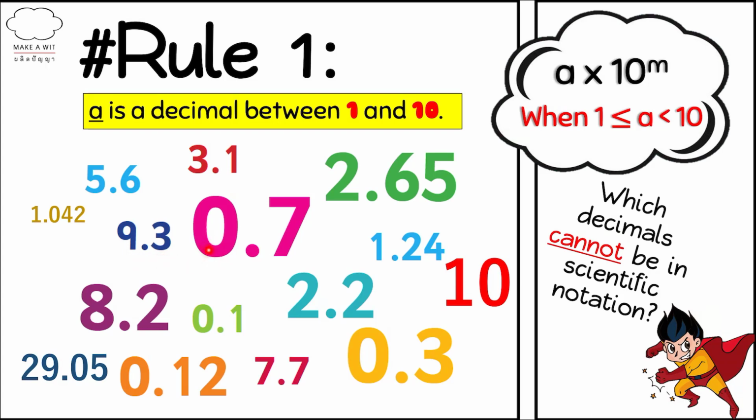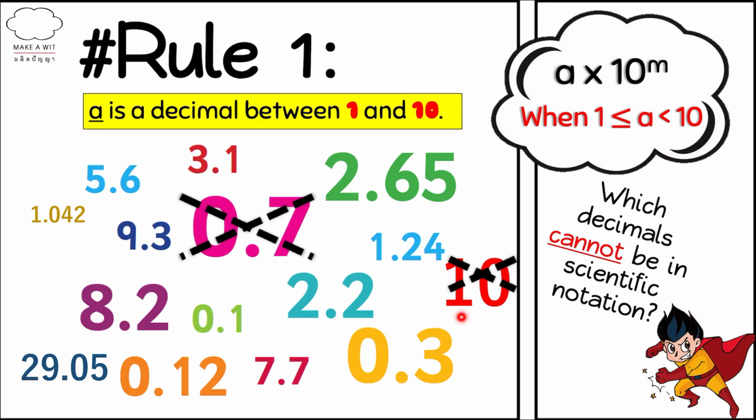Yes, of course. What about 0.7? No. It cannot be in this form because it's less than 1, right? Less than 1. What about this one? 1.24? Yes, 1.24 is yes. What about 10? No, cannot be.